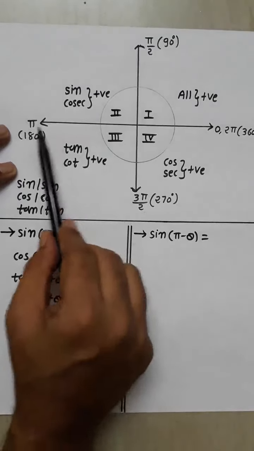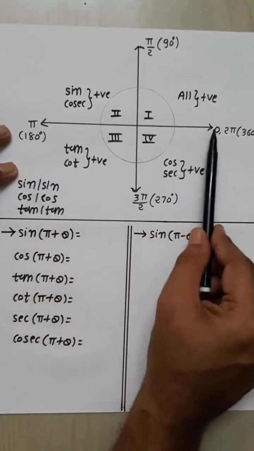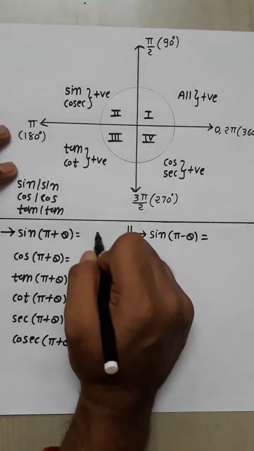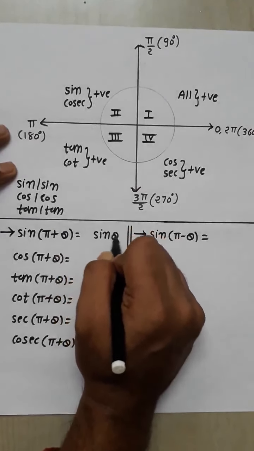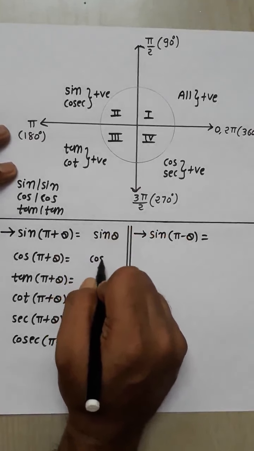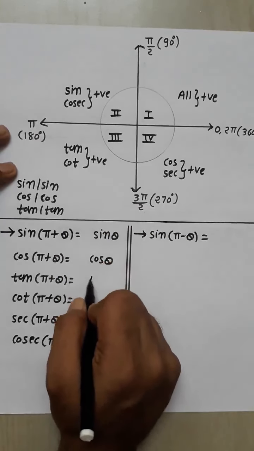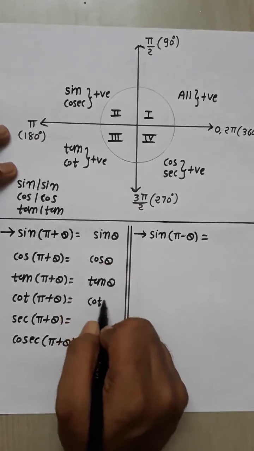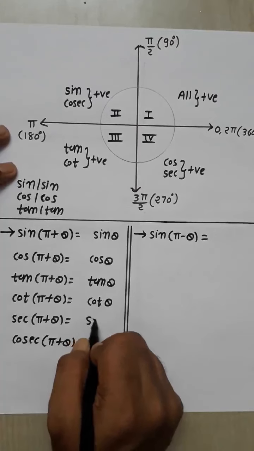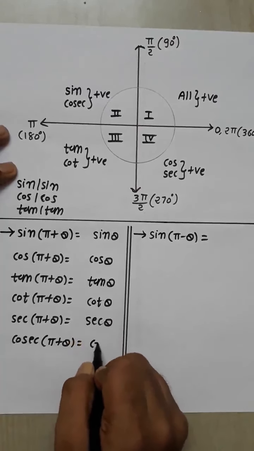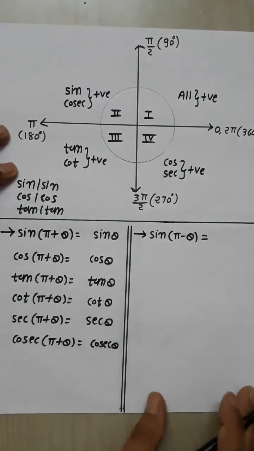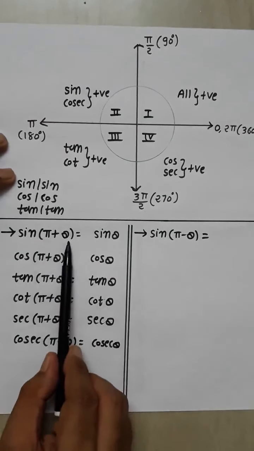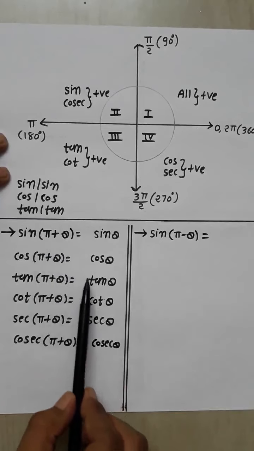So here the π form is present, this value is present on the x-axis, so we cannot change the position of the function. Sin stays sin θ, cos stays cos θ, tan stays tan θ, cot stays cot θ, sec stays sec θ and cosec stays cosec θ.